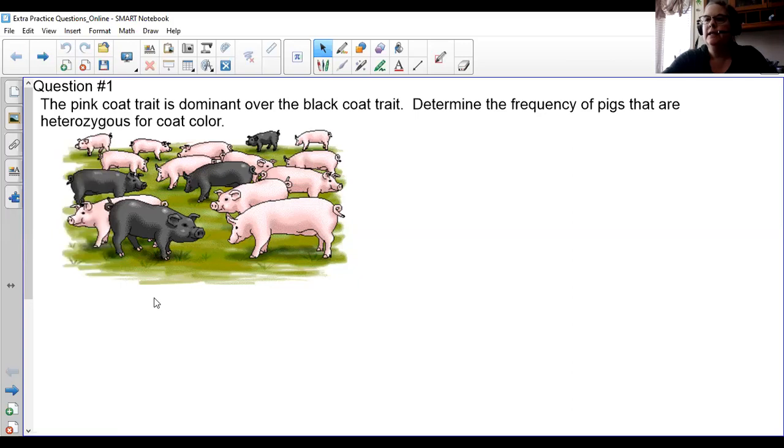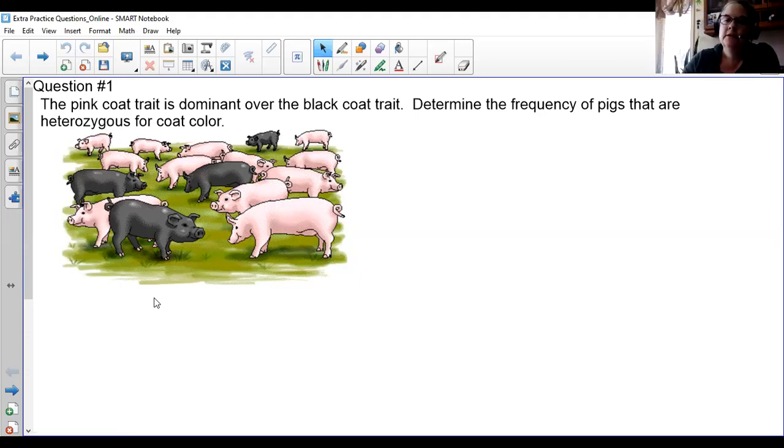Okay, so the question is, the pink coat trait is dominant over the black coat trait. We want to determine the frequency of pigs that are heterozygous for coat color. Now, typically frequency is given in a decimal format.